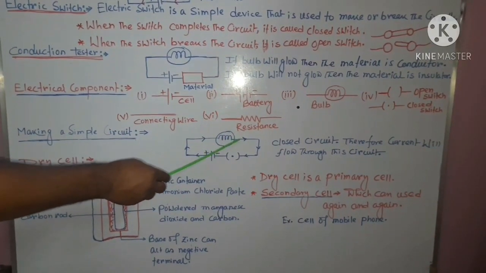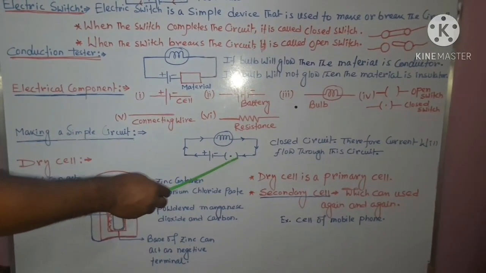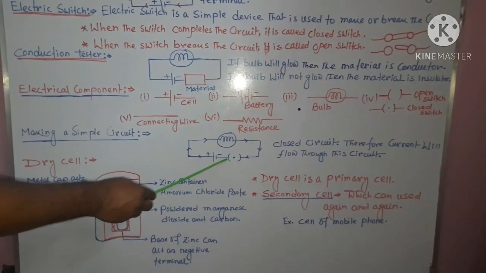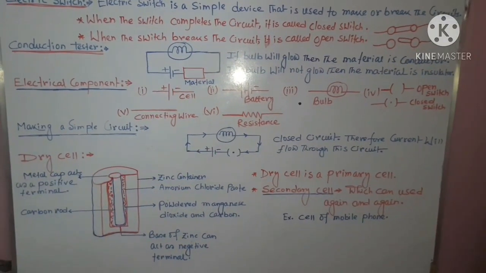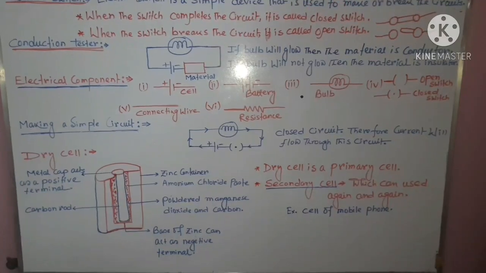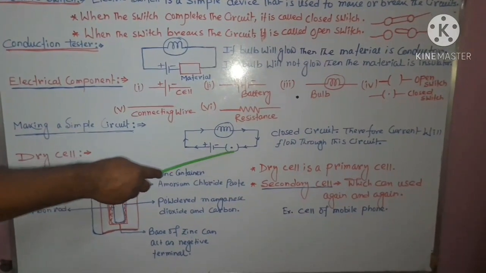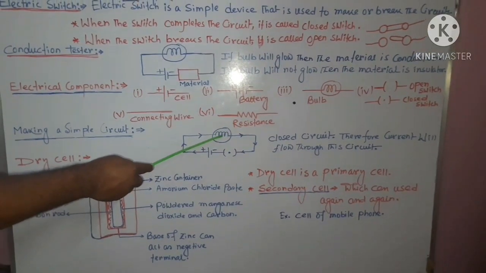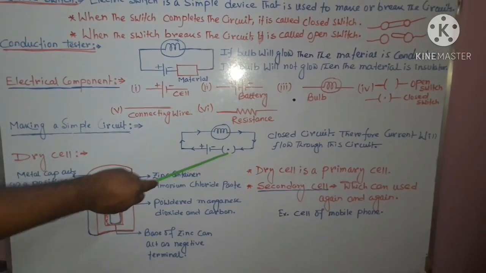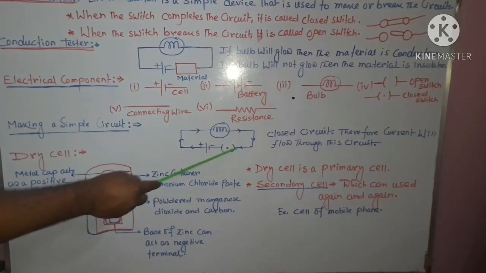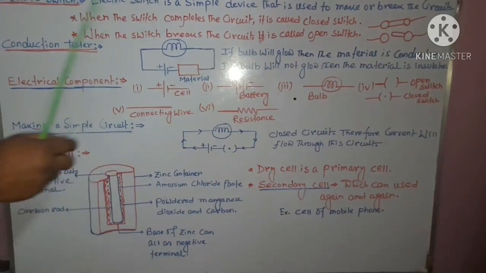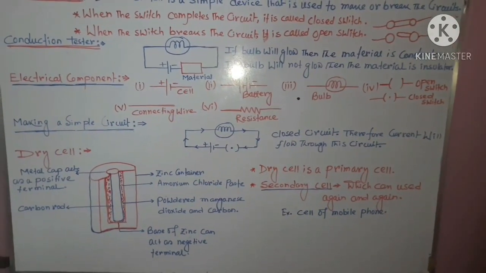The other terminal of the bulb is connected with the switch and the other terminal of the switch goes to the negative terminal of the cell. In this way you can make a simple electrical circuit. Whenever the circuit is closed, then the bulb gives us light. Whenever the circuit is not closed, means the switch is open, then the bulb does not give us light.